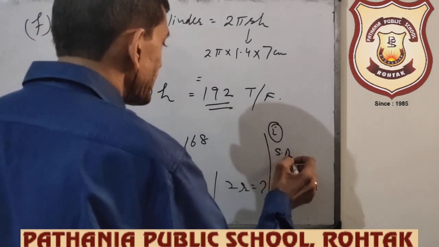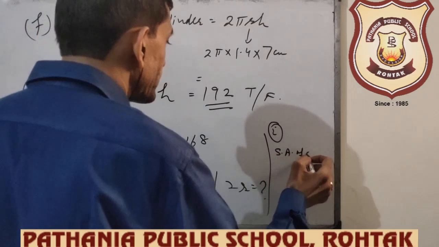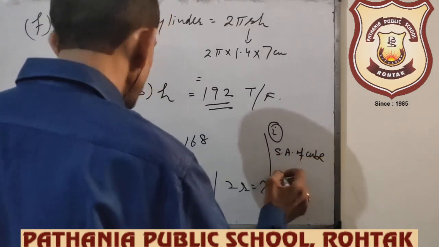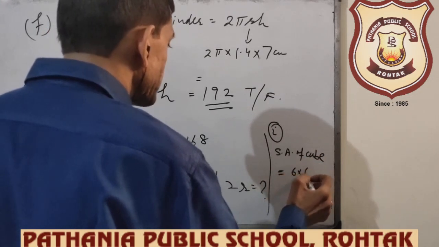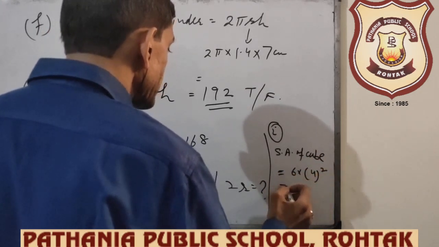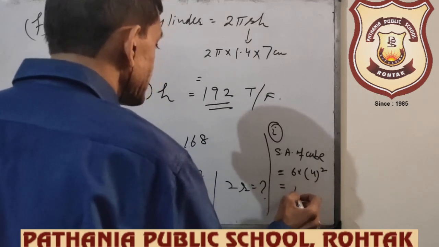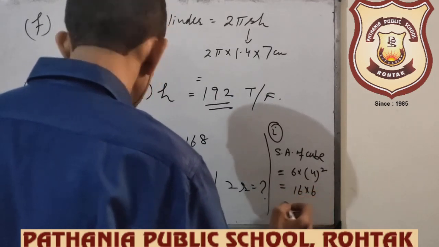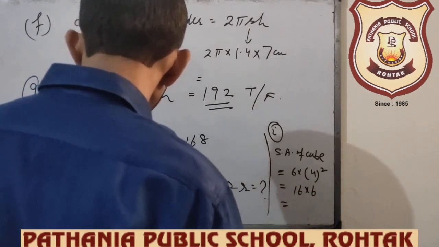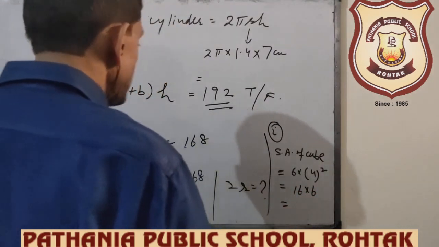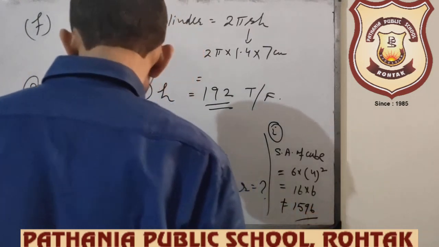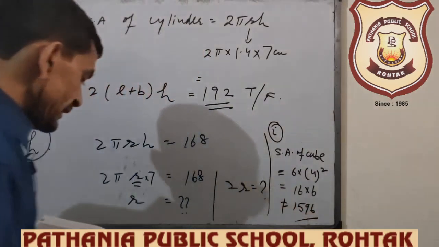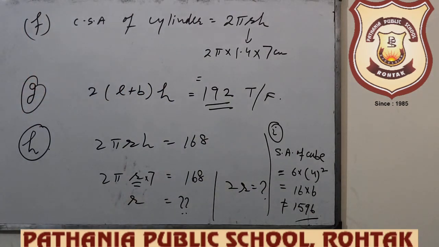Total surface area of cube है बेटे, cube क्या होता है? 6 into side square. 4 square 16, 16 6 जा. What is the 16 6 जा? It is not equal to 1596. So it is also false. ठीक है. In this way you can check all the true and false part of question number 1.